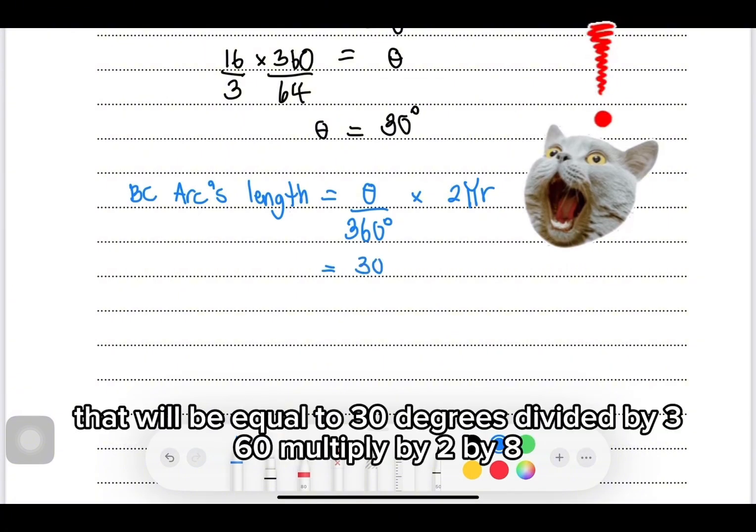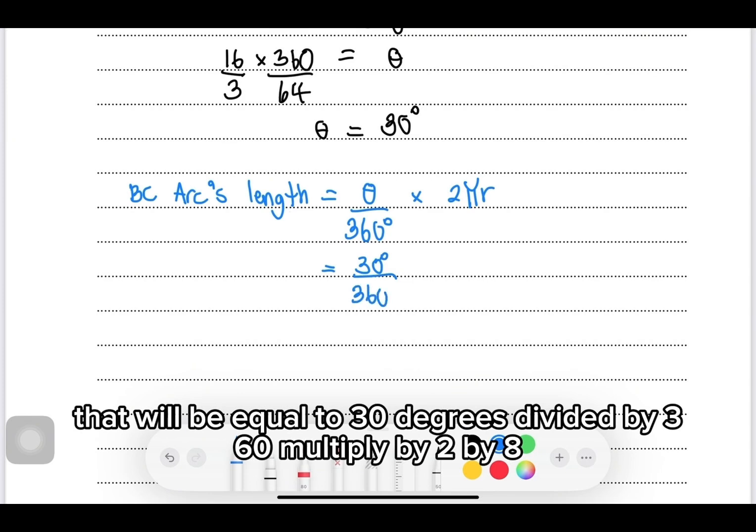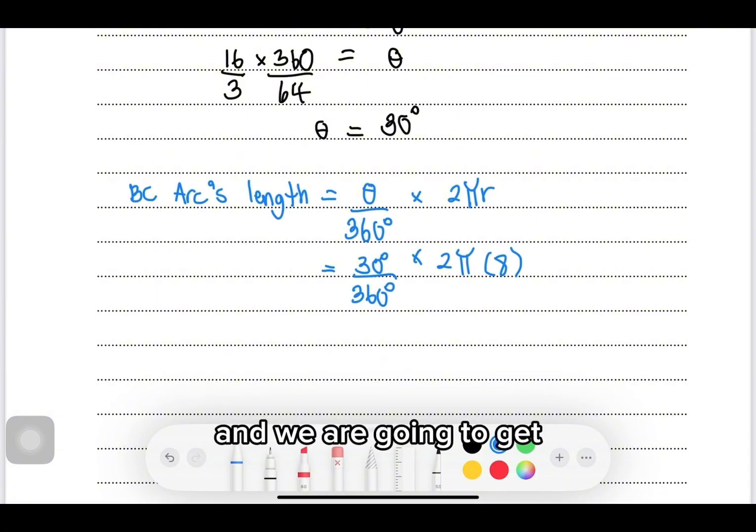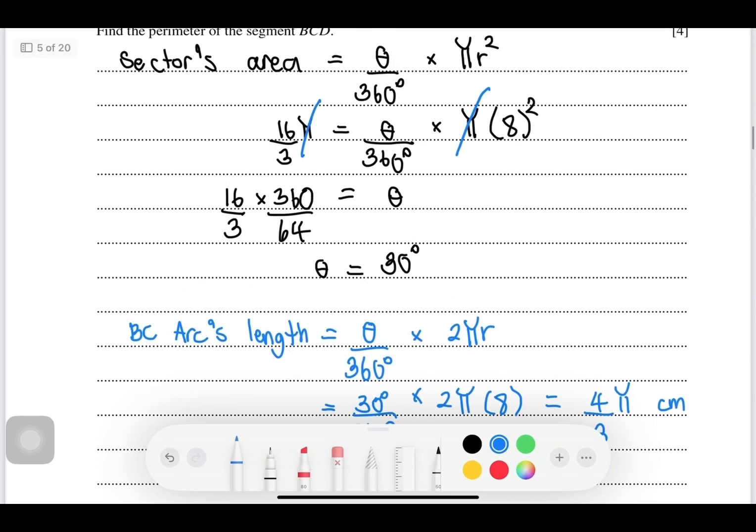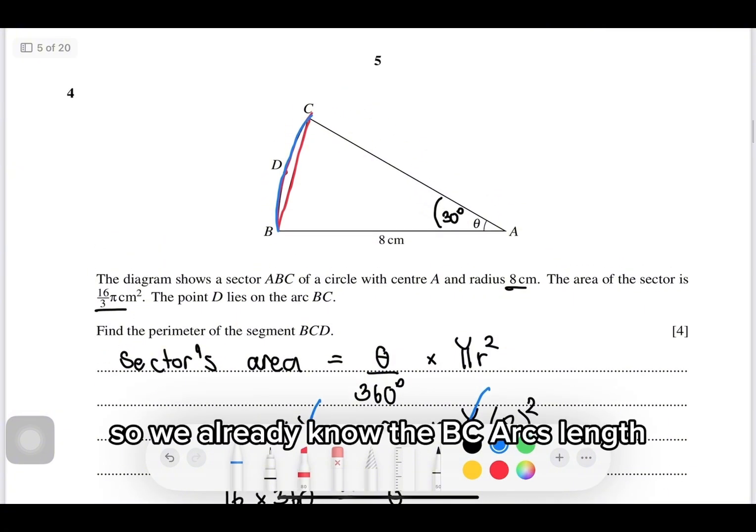That will be equal to 30 degrees divided by 360 multiplied by 2 pi 8, and we're going to get 4 over 3 pi centimeters. So we already know the BC arc length.